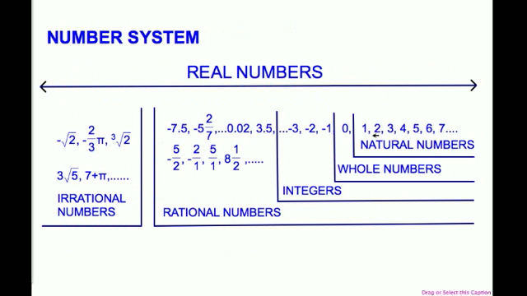The natural number set is the smallest set, and when we add in a 0 to this set, we get a set of whole numbers. And if we put in negative whole numbers together with positive whole numbers and 0, it forms a set of integers.